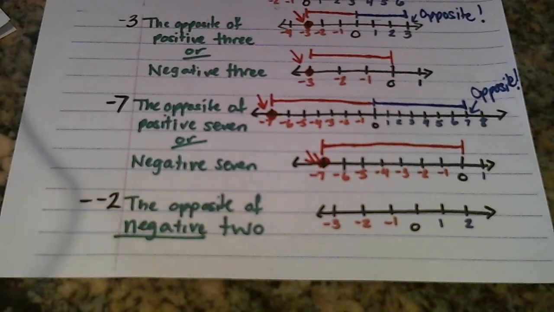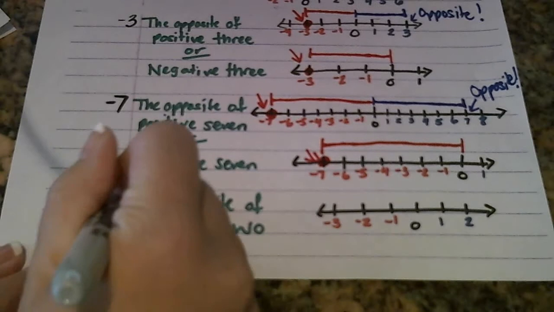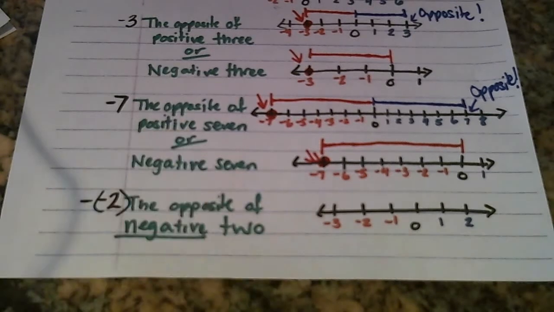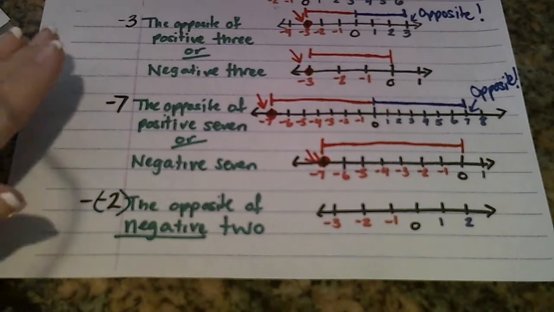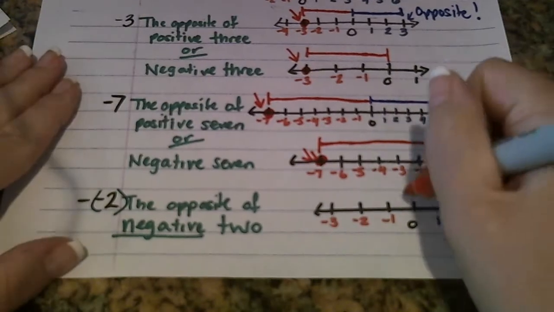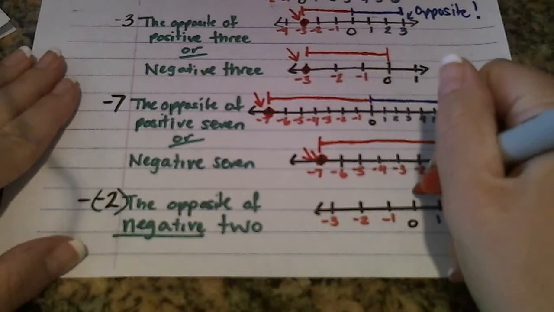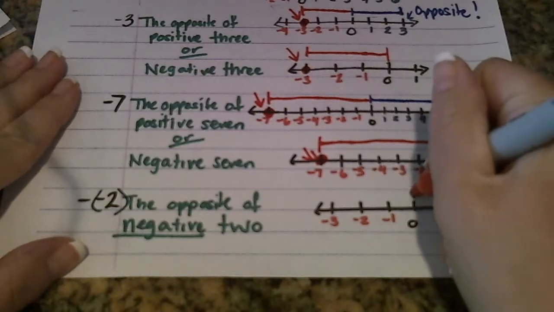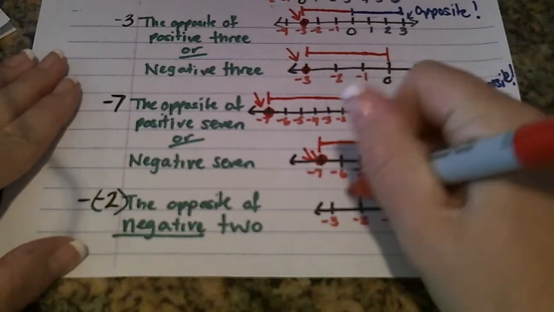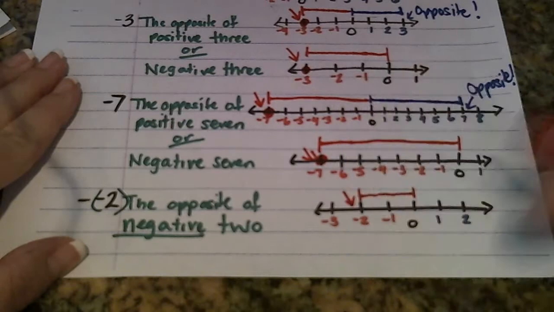And then the very last example would be the opposite of negative 2. Typically you're going to see this written with parentheses around that negative 2 just to separate the signs. So if I went to negative 2 from 0, negative means to move left 2 spaces. It would take me to this point right here, a negative 2.